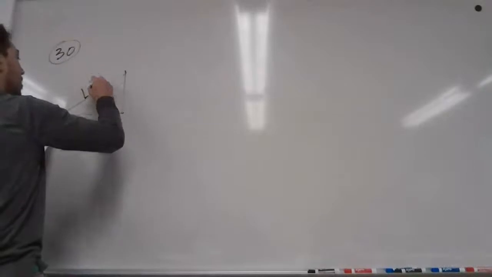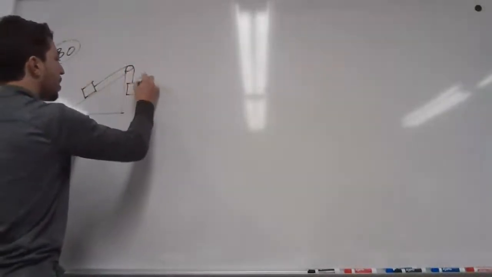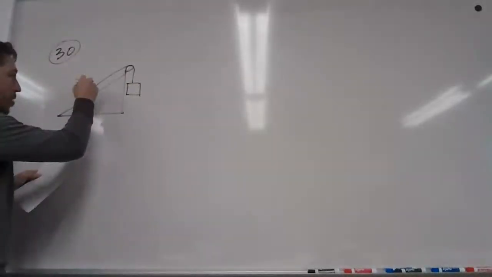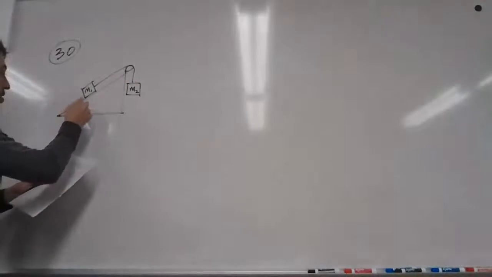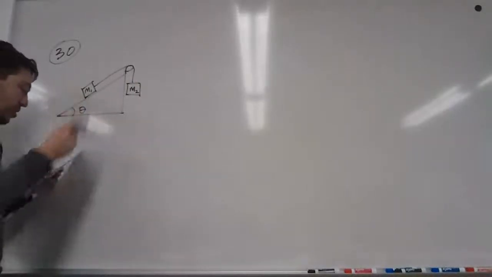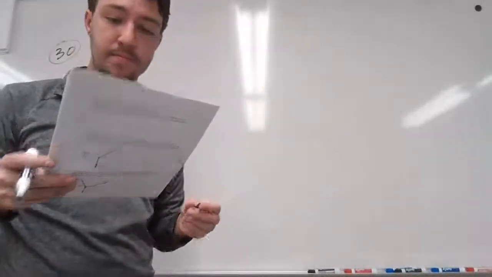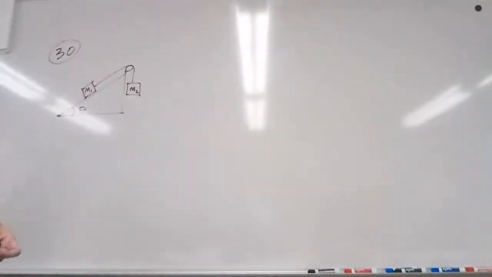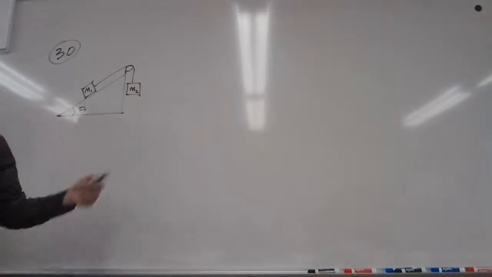Okay, so number 30. Okay, just let me know. I will just. So M1 and M2. This is theta. And we continue our journey of trying to be able to write a general equation for a system, right?